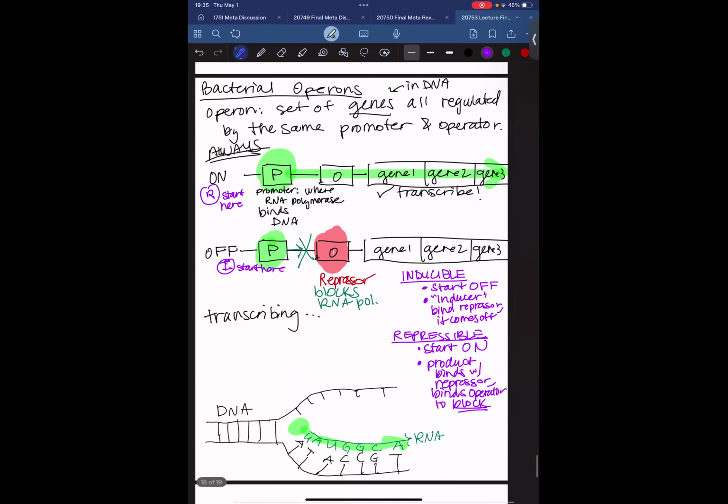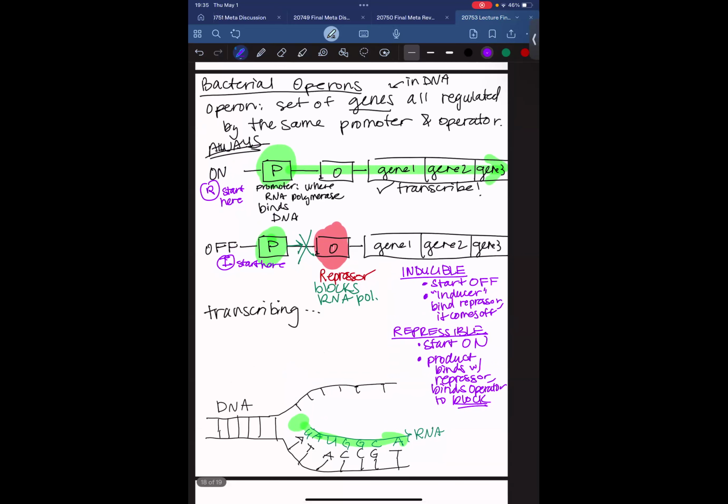So it's just a matter of whether you start on or off. But either way, if you are off, then your repressor is bound and it blocks the polymerase from moving.